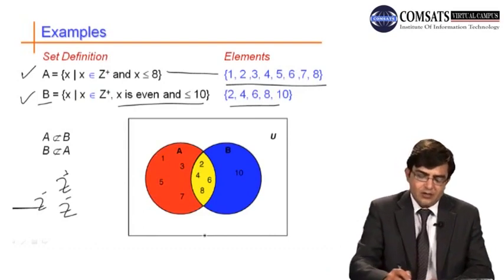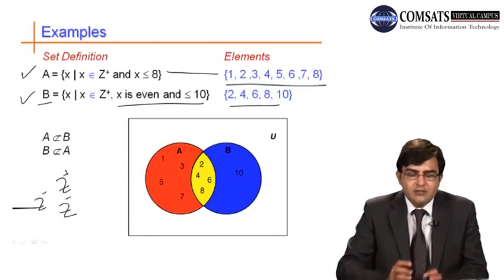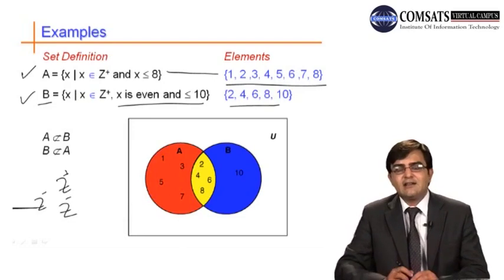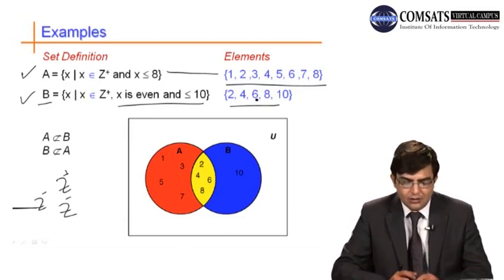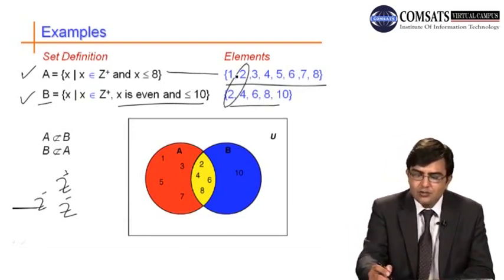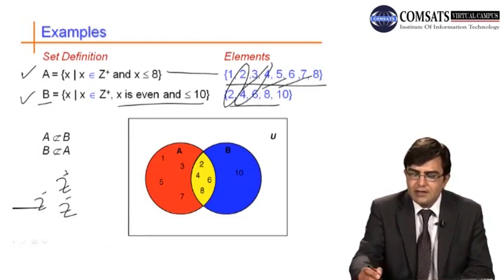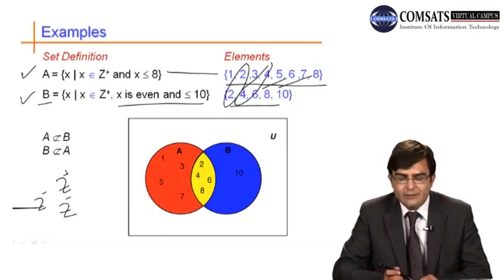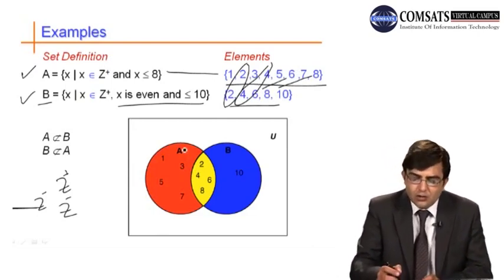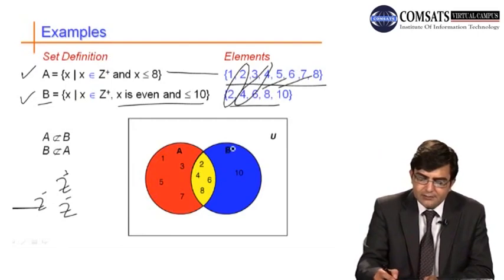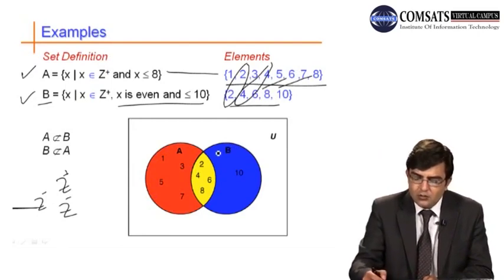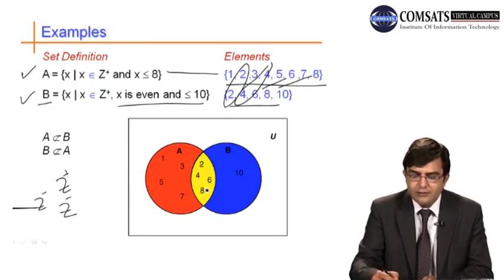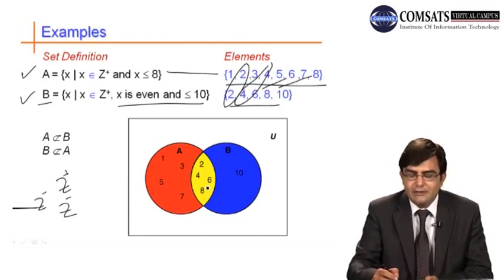For set A, we make a circle. First of all, we see whether there are some common elements in A and B or not. We can see that 2, 4, 6, 8 are common elements in these two sets. So we draw two circles and keep some portion of these two sets common, where we can write the common elements.